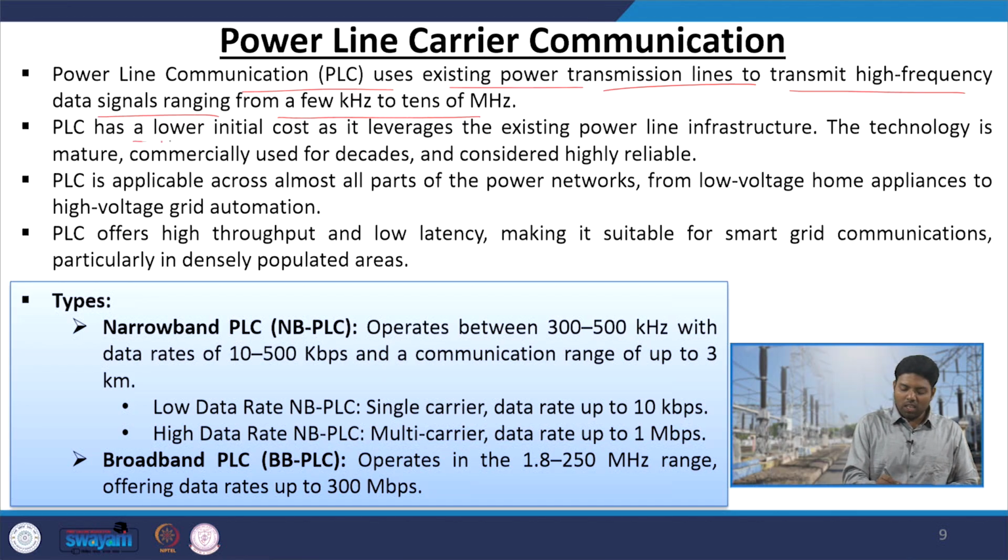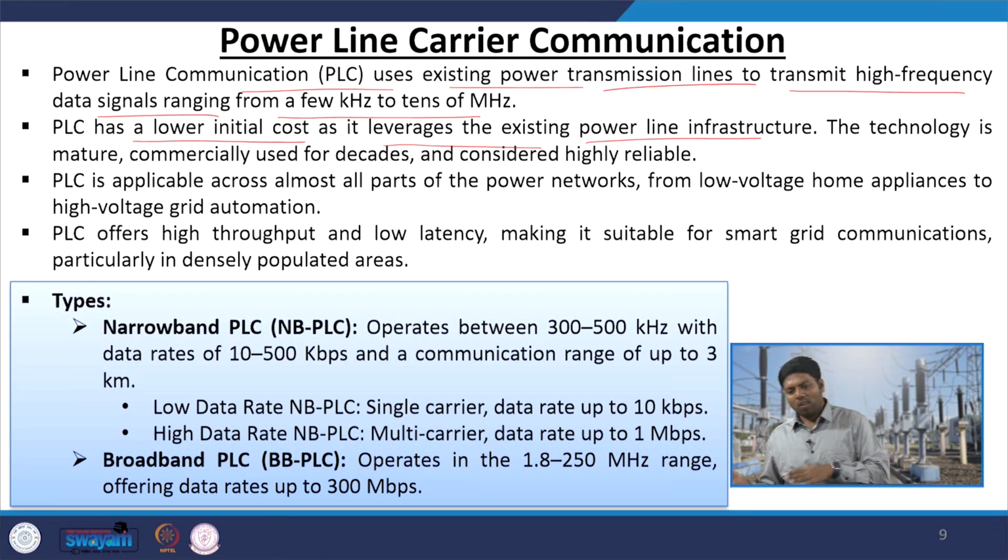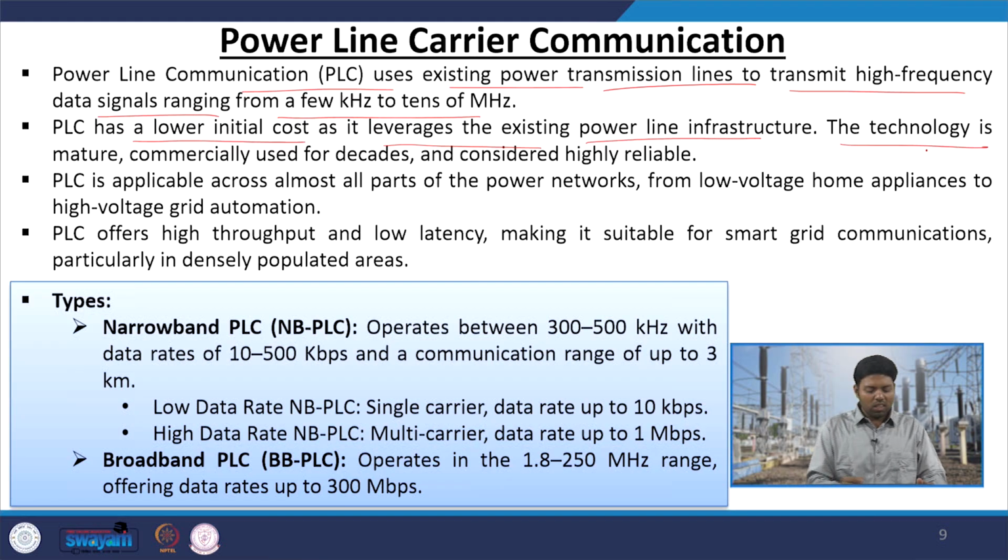So, PLC has a lower initial cost as it leverages the existing power line infrastructure. You need not invest extra cost to install communication infrastructure. You are just using the power infrastructure which must be there for your power supply. The technology is mature, commercially used for decades and considered highly reliable.